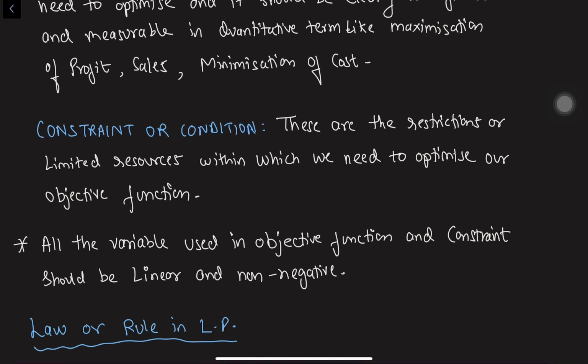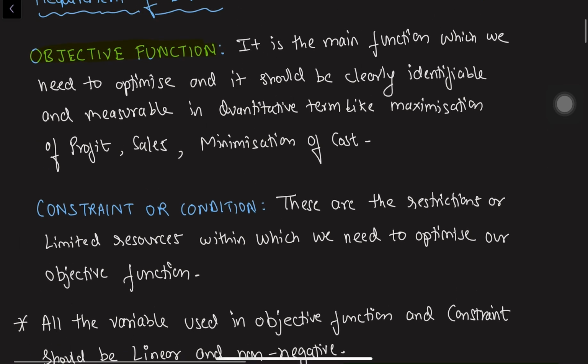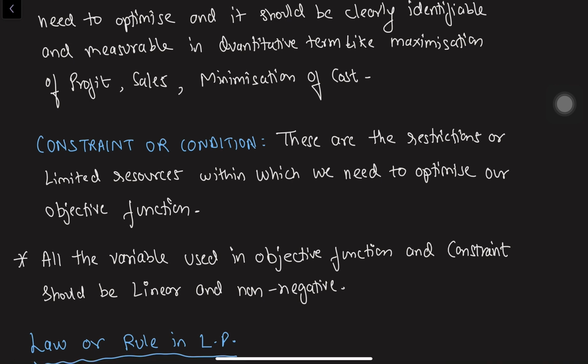Then let's talk about constraint. What is a constraint or condition? These are the restrictions, basically limited resources, within which we need to optimize our objective function. Let's suppose you need to maximize profit for an industry. Let's suppose you are making an iPhone or a cell phone, and your objective is to maximize the profit. Then what are the constraints you have?